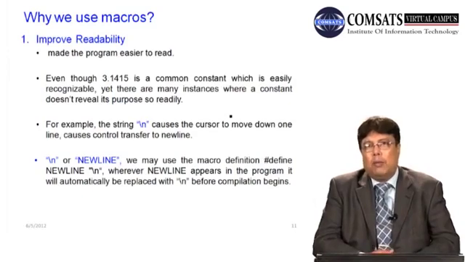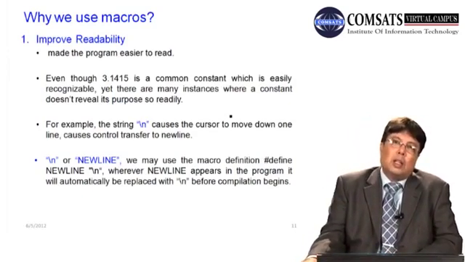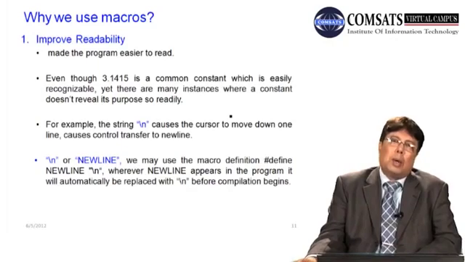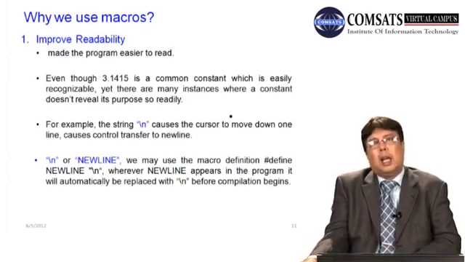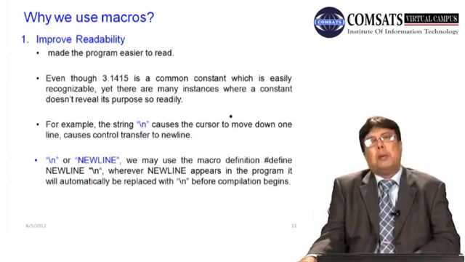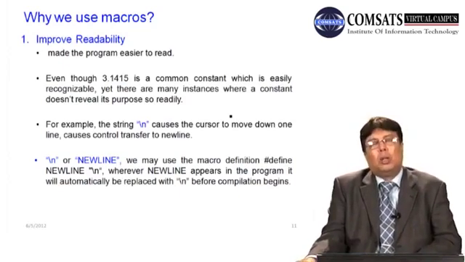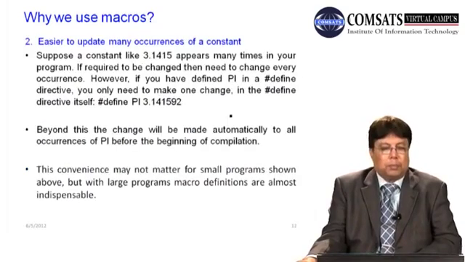So it is more meaningful and should help other programmers understand the code written by some other programmer. That is, if programmer A has written code using this and programmer B is going through the code, it will help programmer B understand what you have done and where you have done it.